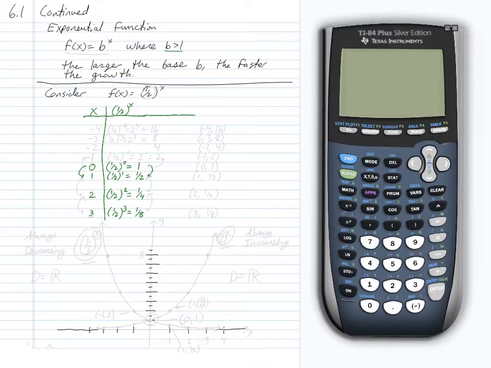In other words, we're multiplying the previous y value by that base. Increase x, we're multiplying by 1/2 again. If we increase x, we multiply by 1/2 again. So that's what the exponential does. It multiplies by that value of the base over and over and over, whatever x tells you that many times.